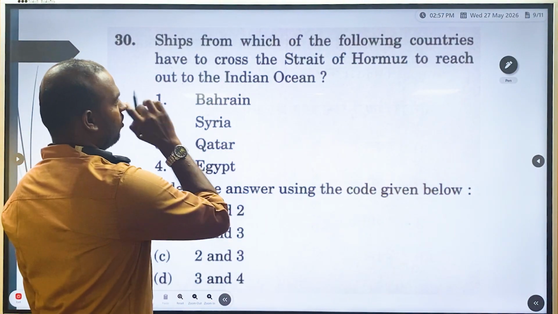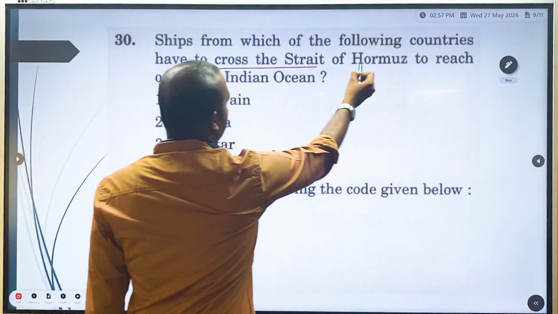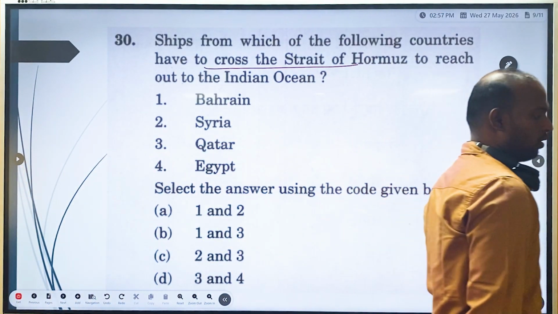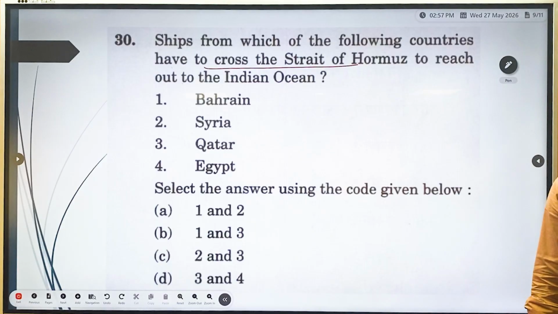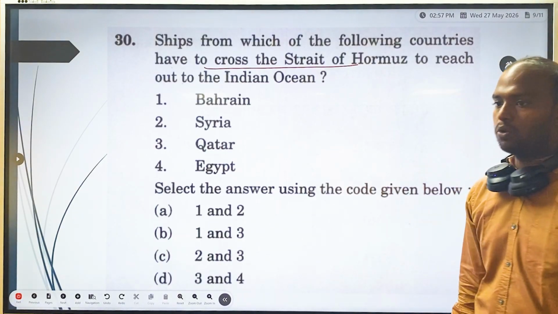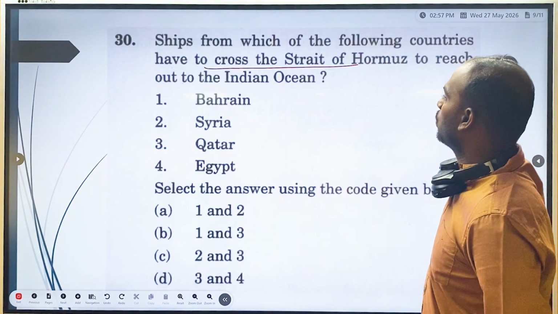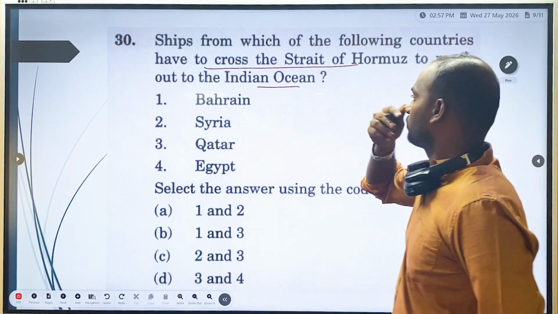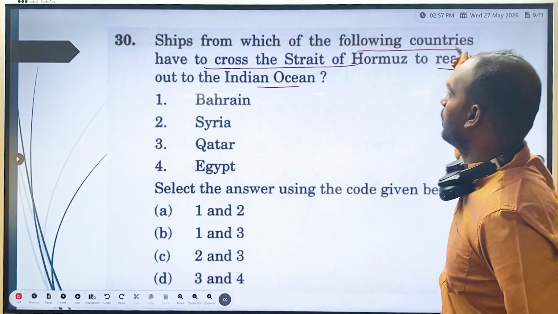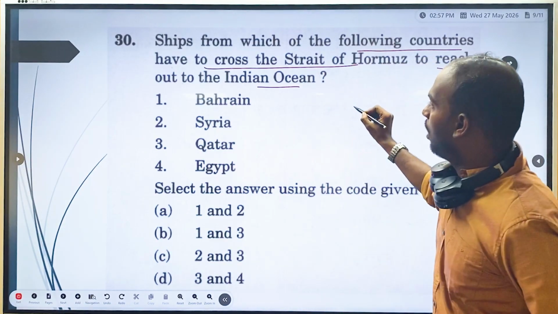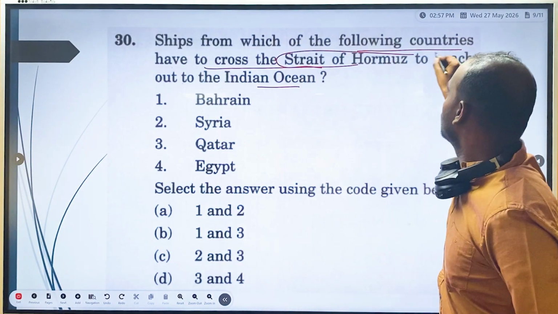Ships from the following countries have to cross the Strait of Hormuz. The Strait of Hormuz was in the news for a long period of time due to the Houthis attack. To reach the Indian Ocean, ships from which of the following countries have to cross the Strait of Hormuz?